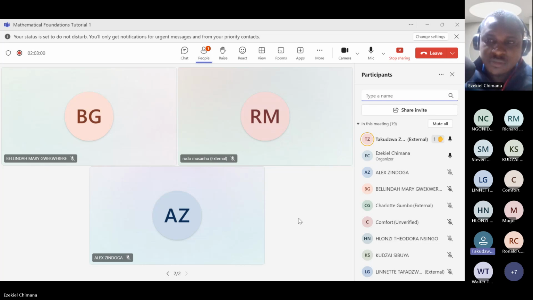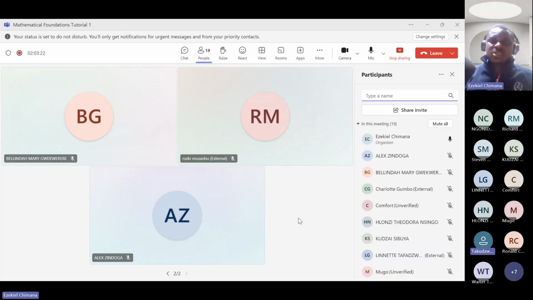Is it possible for a reflexive relation to be automatically a symmetric relation? It's not obvious that if it is reflexive, then it's symmetric.